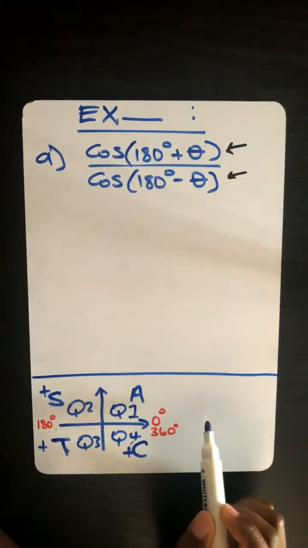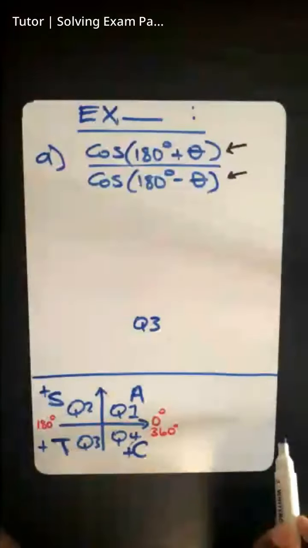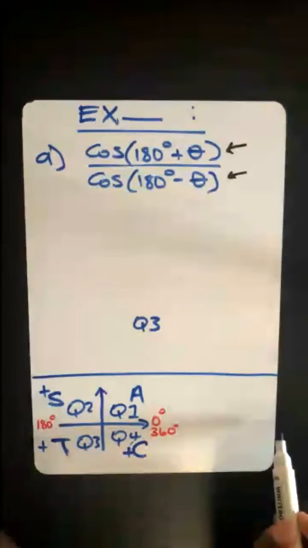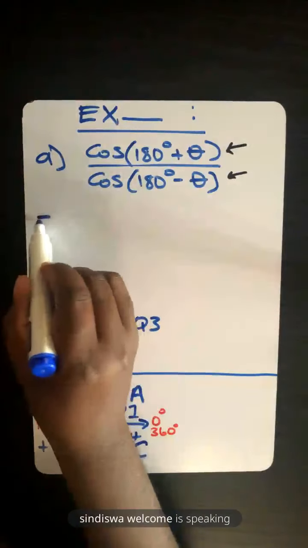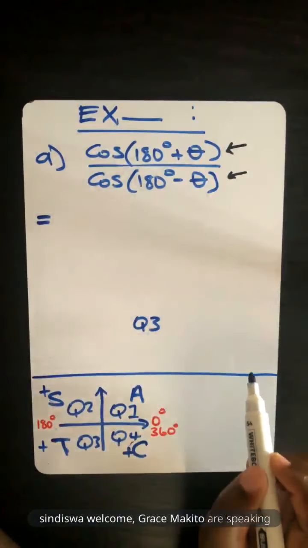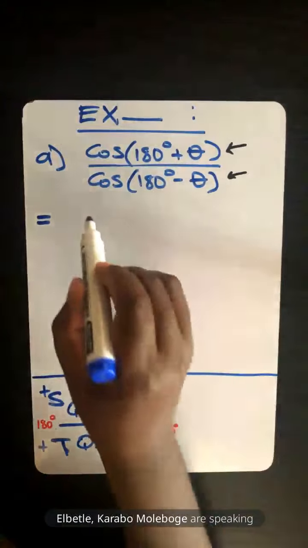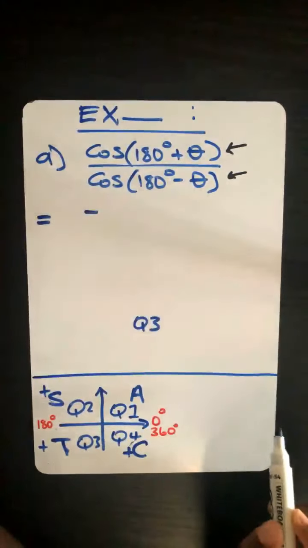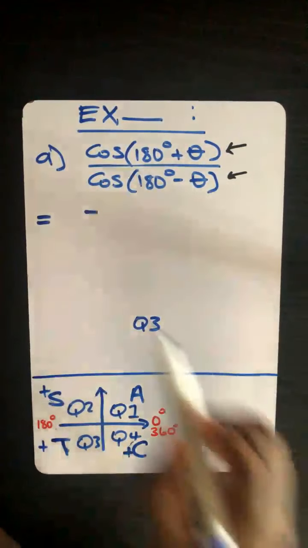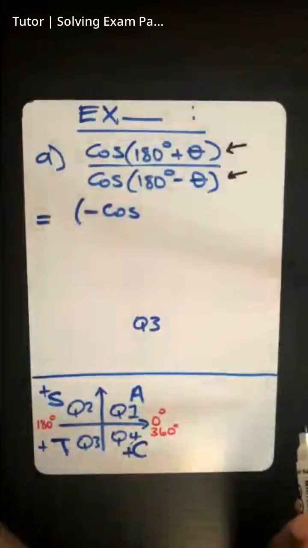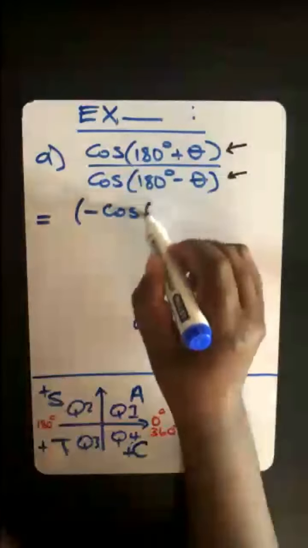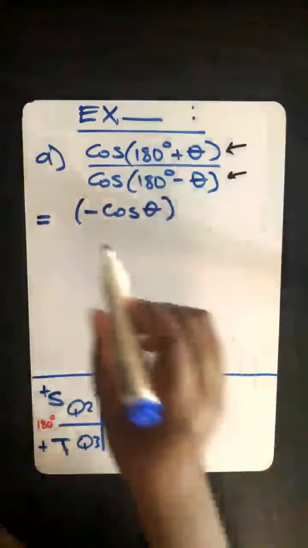Third quadrant, sir. So it falls under quadrant number 3. Under quadrant 3, is cos positive or negative? It's negative. So we are going to have, in brackets, negative cos theta. I hope everyone agrees with me on that one.